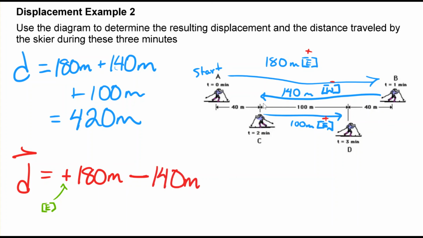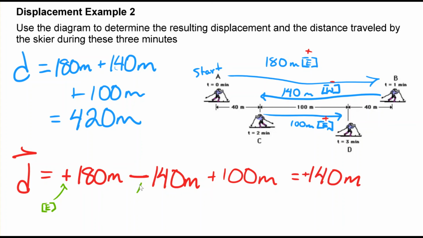And then we went east again, or to the right, so positive 100 meters. If I add all this up, 180 minus 140 is 40, plus 100, so that's 140 meters in the positive direction.